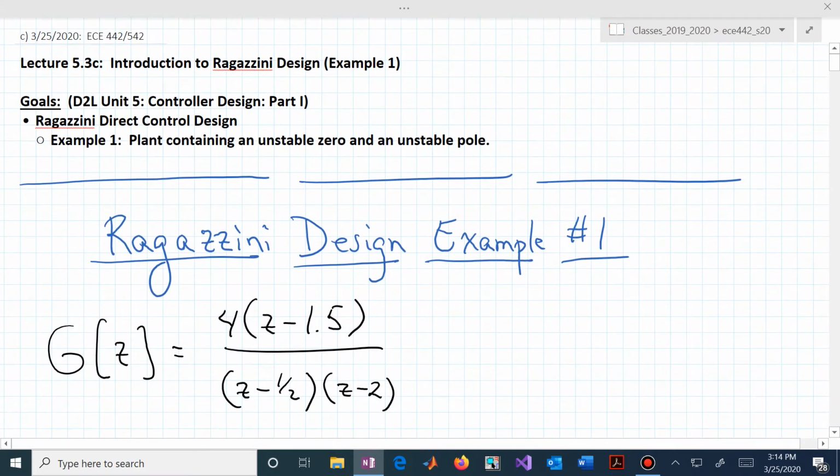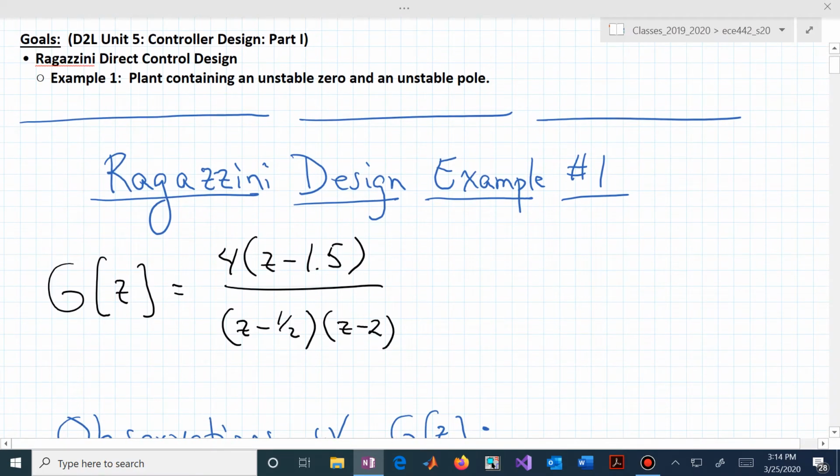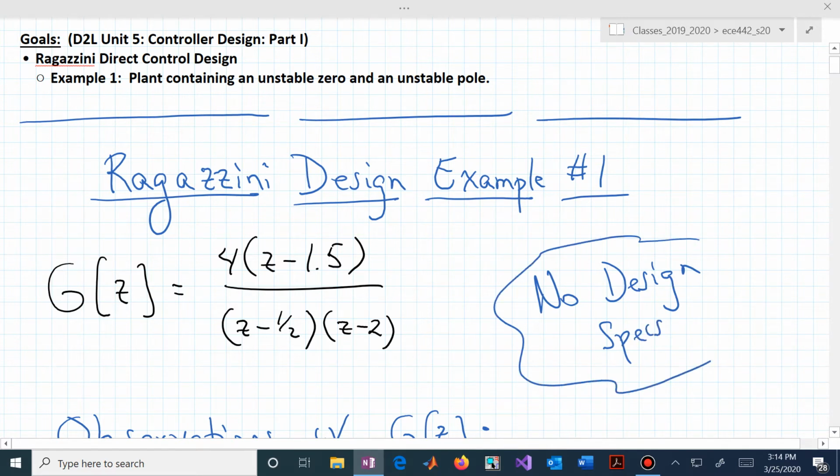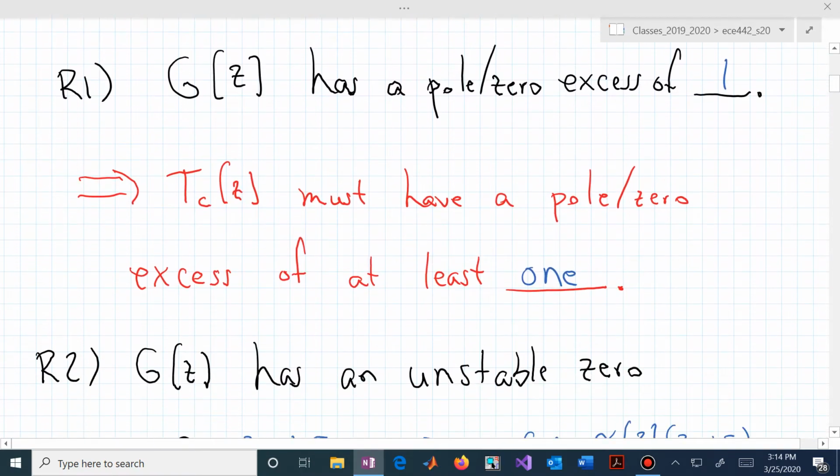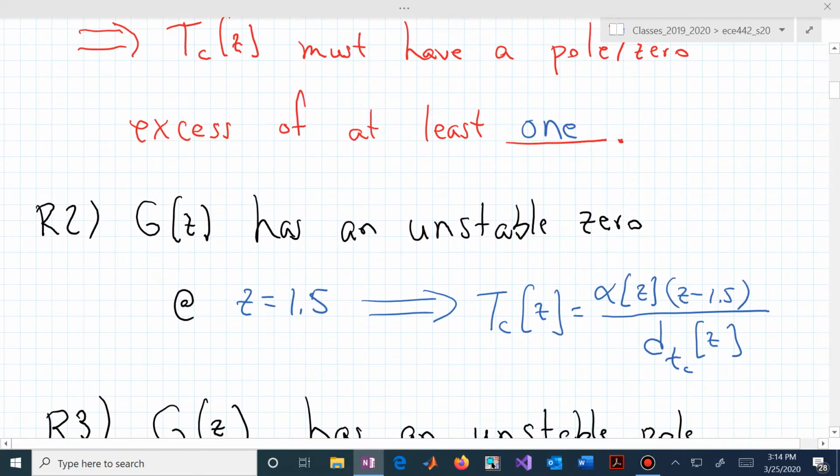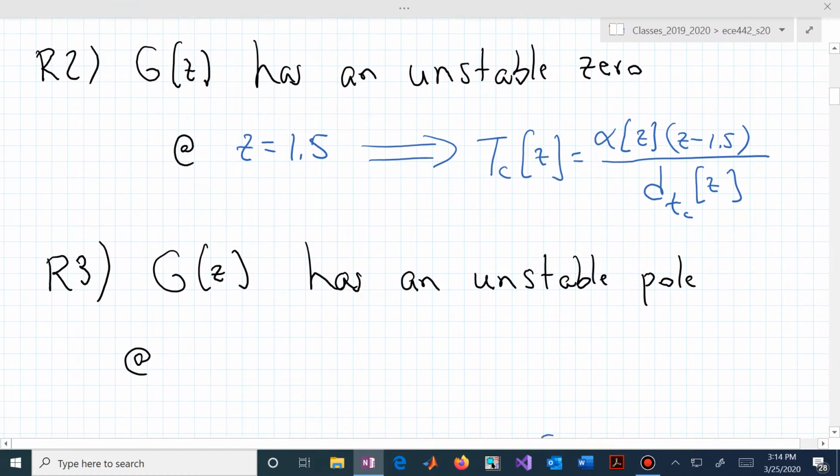In this example, we were given no design or performance specs, other than we probably want to stabilize the system. This system in the open loop is unstable. I don't think we want to live with that. But we were not given any percent overshoot, settling time, or peak time specifications.